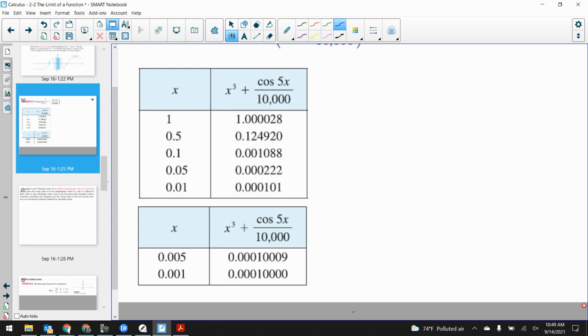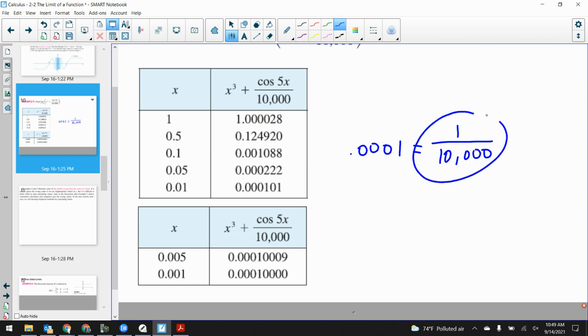Now, the interesting part about this one is, what is 0.0001? What is that equivalent to in fraction form? Well, that's tenths, hundredths, thousandths, 10,000ths, right? Do you see any relationship between that? This is another example that we're going to hit later again, once we learn the algebraic methods of solving limits, that this is actually going to converge to 1/10,000th.